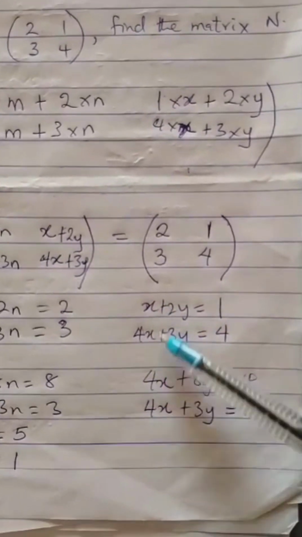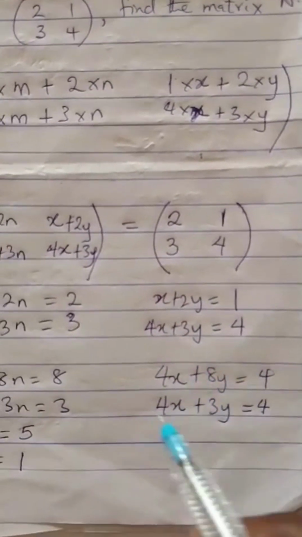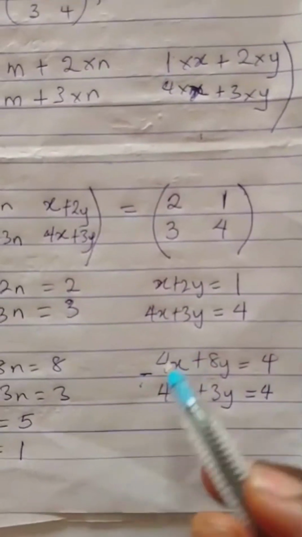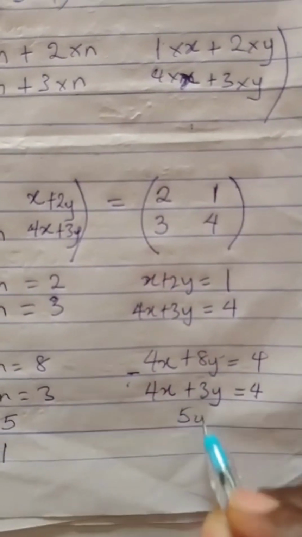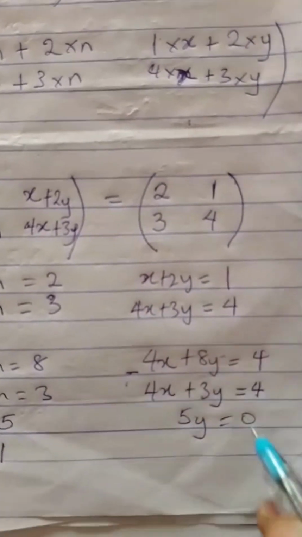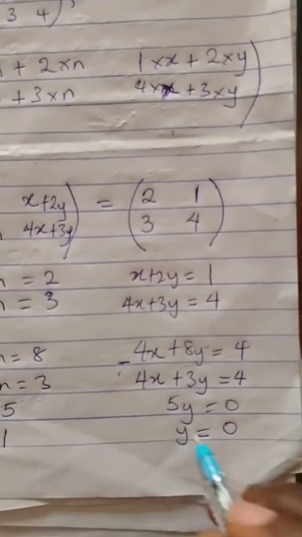Why are we doing that? So that you are trying to eliminate x, so let them have the same coefficient. By the time you do this subtraction, 4x minus 4x is gone. 8y minus 3y, I have 5y. 4 minus 4 is equal to 0. So 5y equals 0. Divide both sides by 5, so y equals 0.